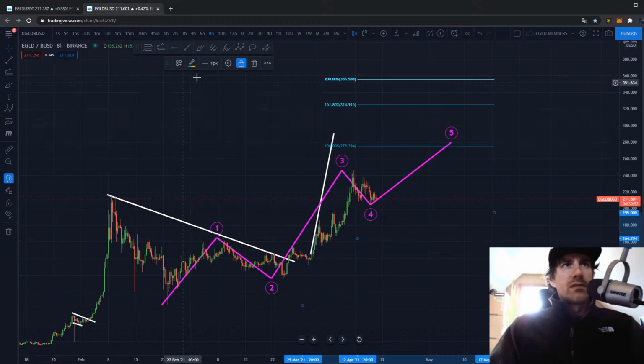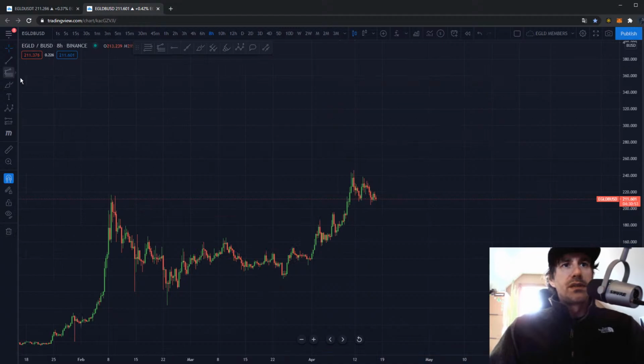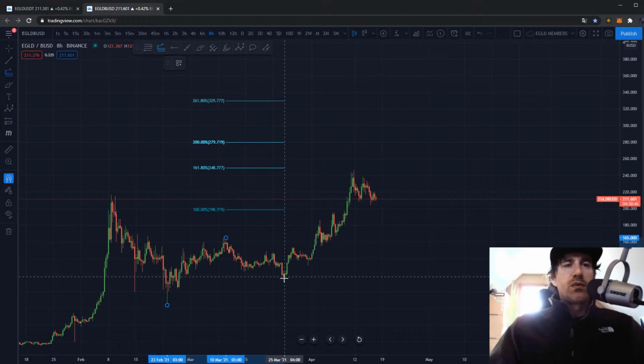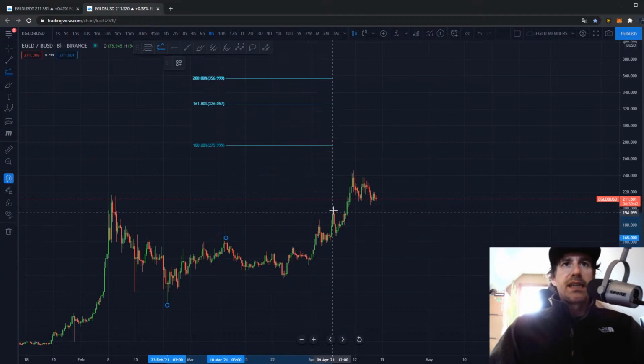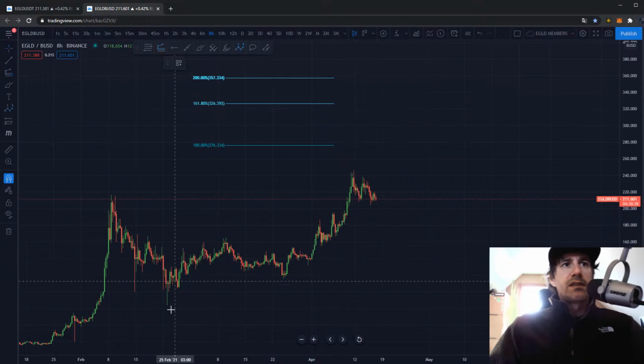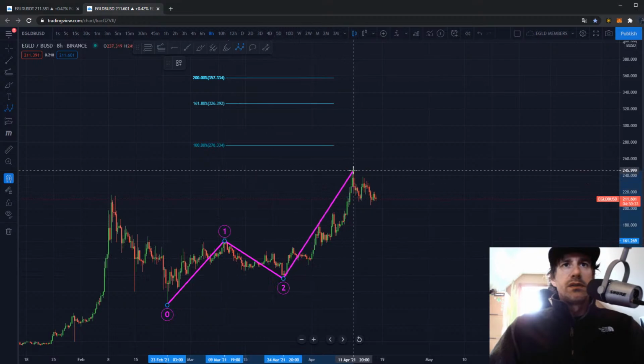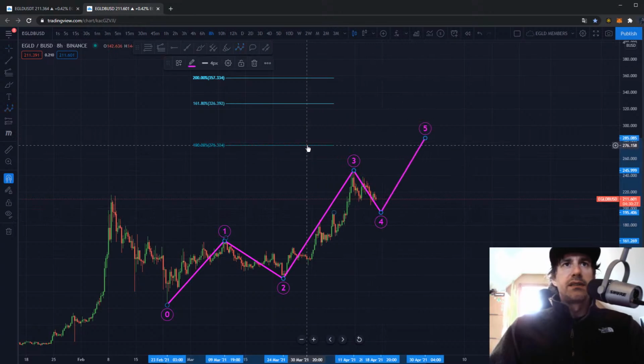Oh, I'm just gonna redo all this to be sure that I didn't make any error. Bottom of 0, top of 1. This was the bottom of 2. Okay, and pretend that this will be the bottom of 4. Okay, which will give us something like this. 1, 2, 3, and 4 right there on the support, and 5 after that.